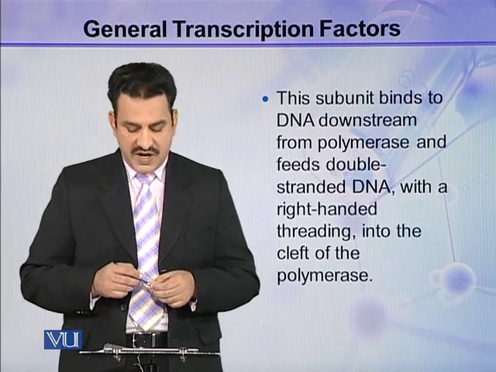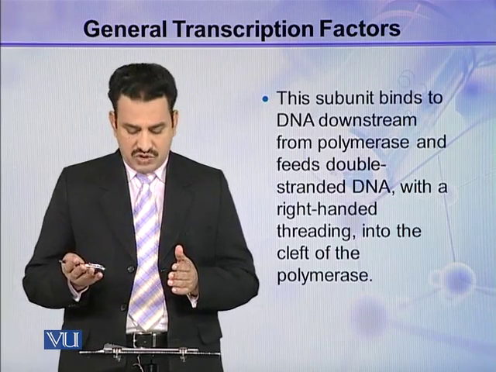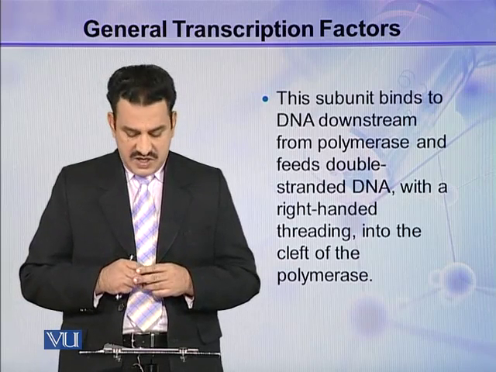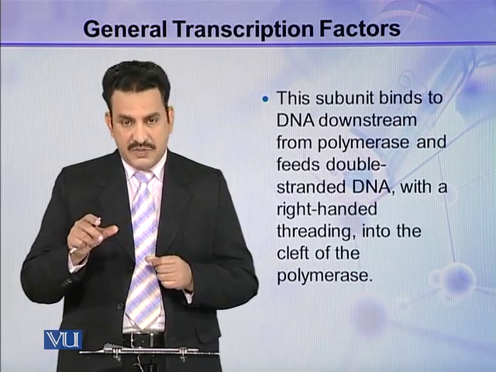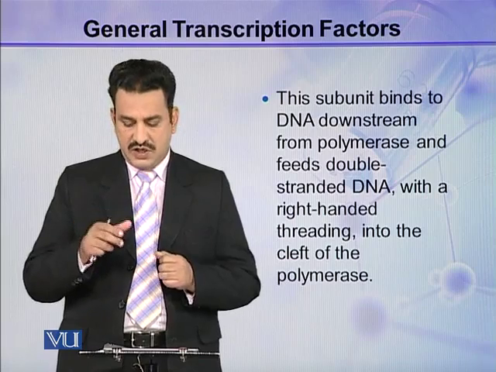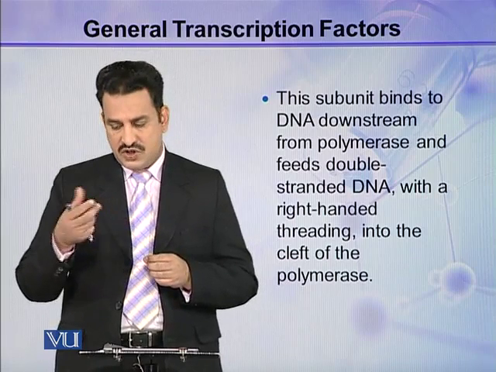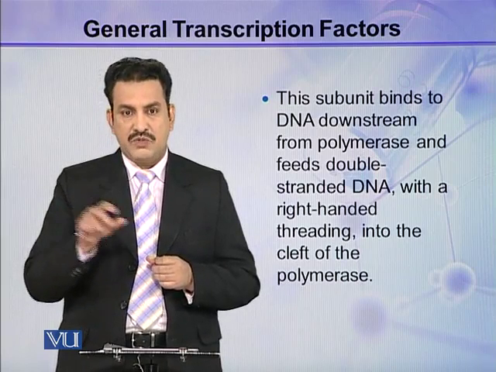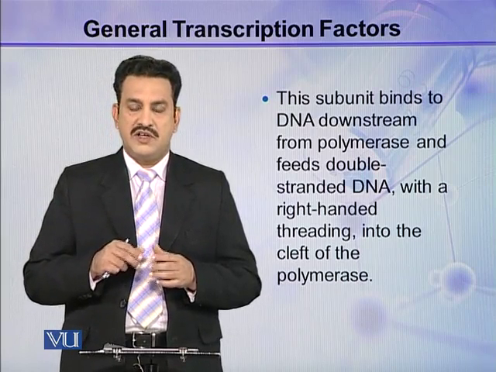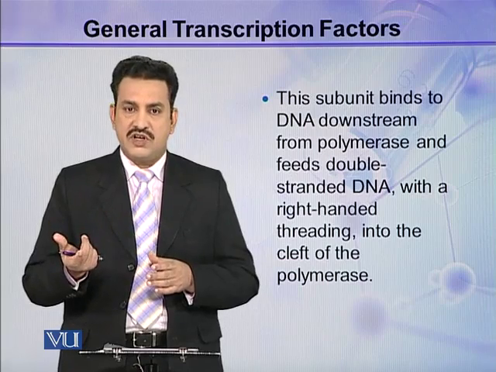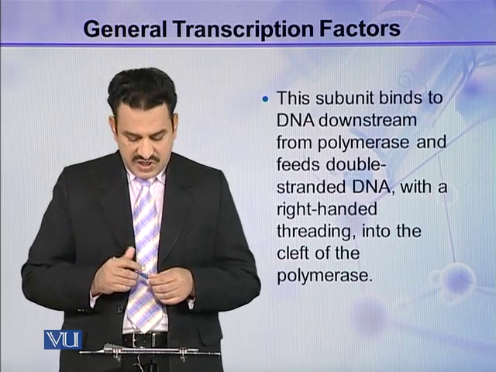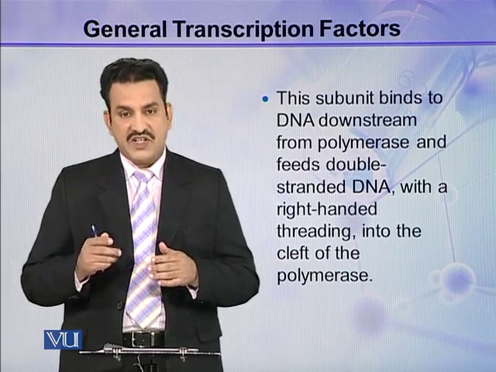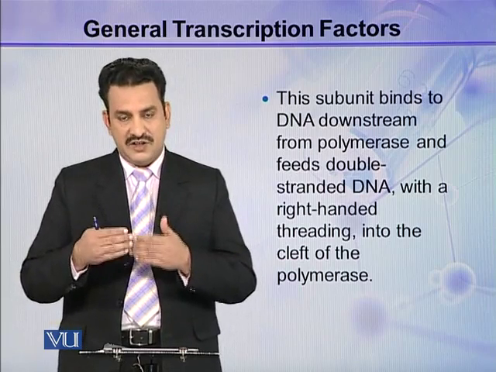This subunit binds to DNA downstream from polymerase and feeds double-stranded DNA. It binds downstream to polymerase and feeds double-stranded DNA because downstream DNA is double-stranded. So it feeds double-stranded DNA with a right-handed threading.